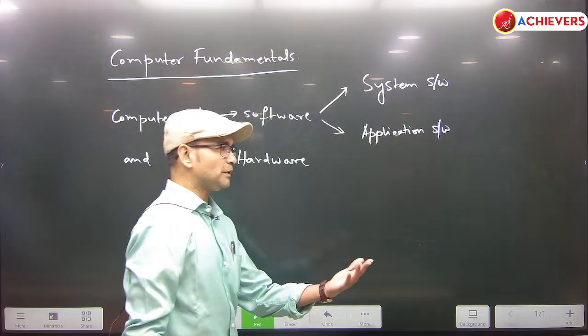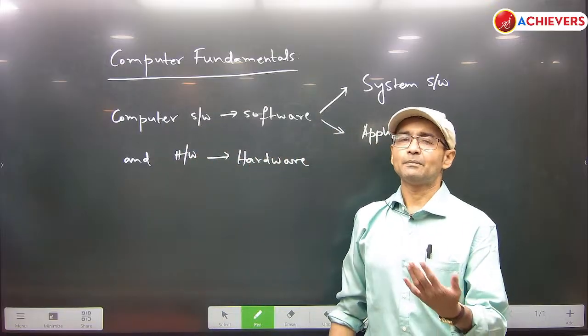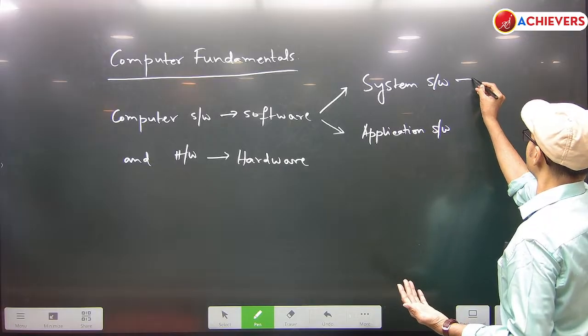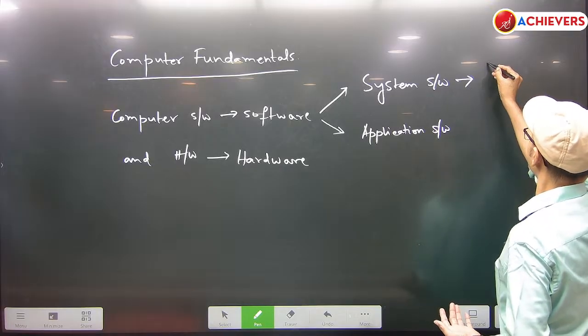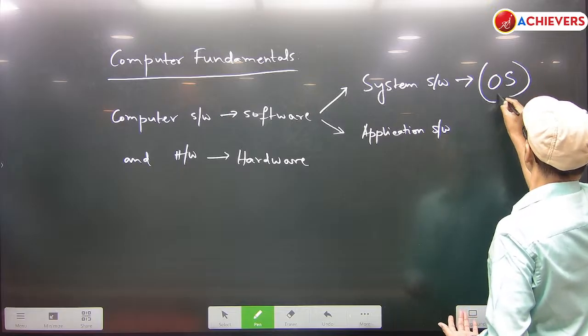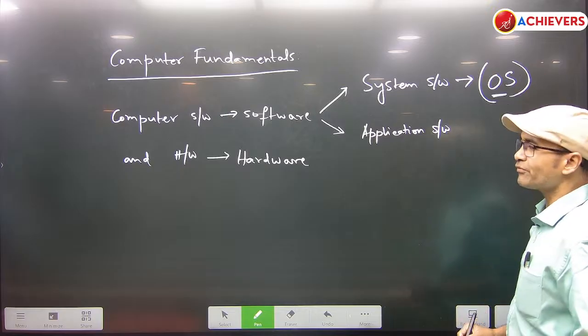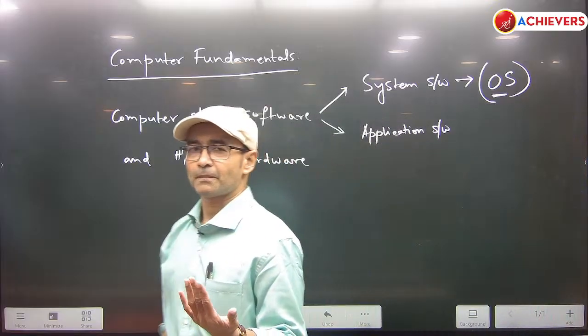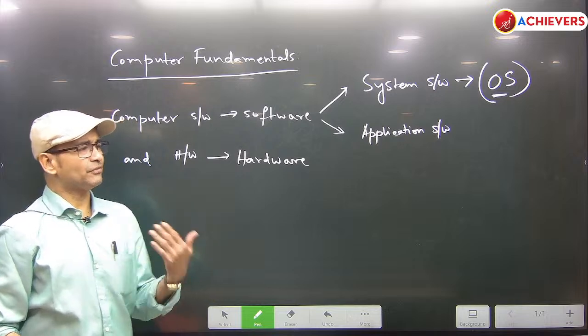So, whenever we deal with a particular software which is a system software, we define it based on the software that is running at the background. That is, in the system there are different system softwares.